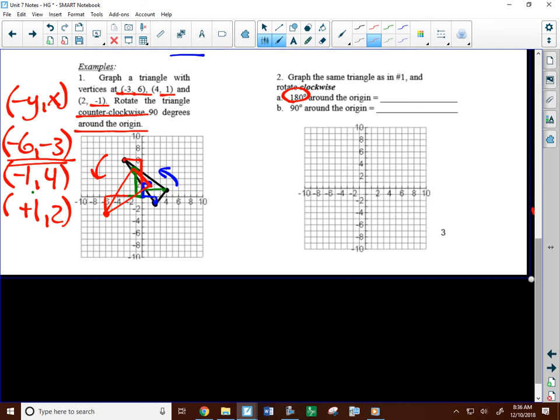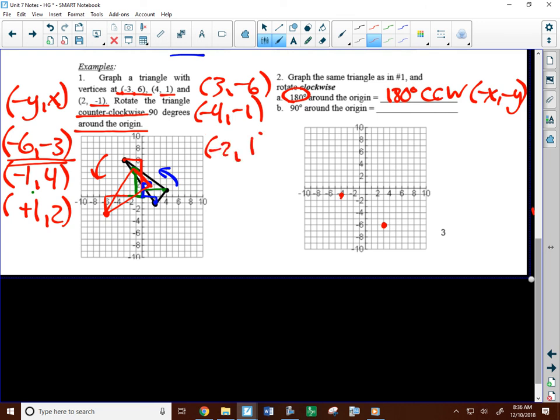It's equal to 180 degrees counterclockwise. This one, I think it's almost easier just to remember the formula, because all it does is change the signs. So basically, negative 3, 6 becomes 3, negative 6. 4, 1 becomes negative 4, negative 1. And 2, negative 1 becomes negative 2, positive 1.